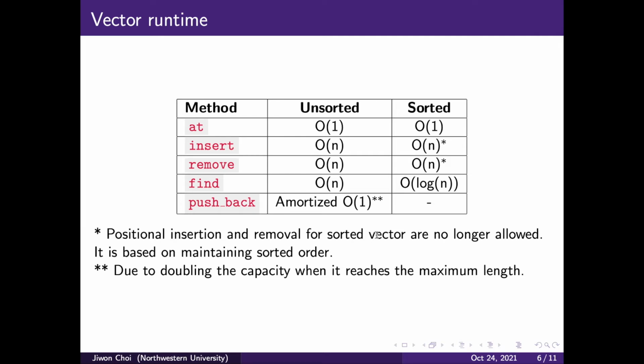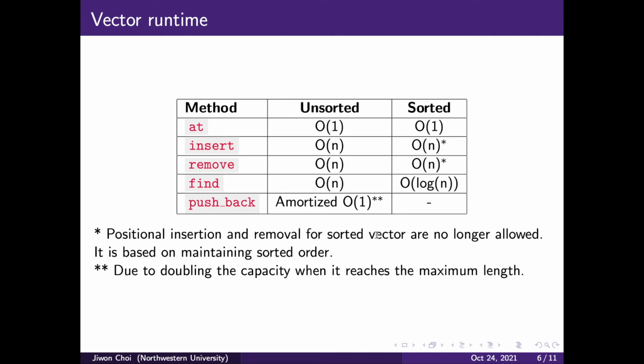There are two types, sorted vector and unsorted vector. For the add method, which is the indexing method, we can literally have an index and index it. So that's just O of 1 for both. It's constant time.